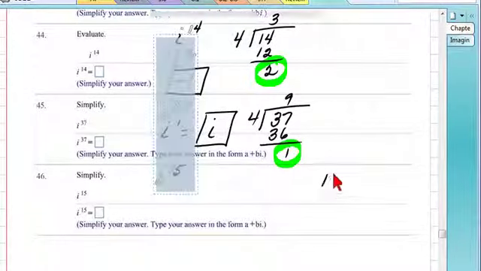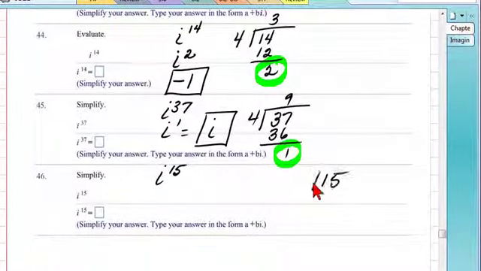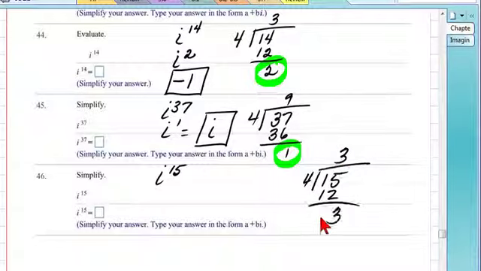So it's going to be 15 divided by 4. It's going to go in there 3 times, 12, remainder 3. This is I to the 3rd, which is negative I.